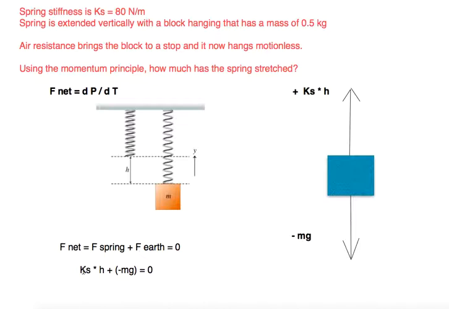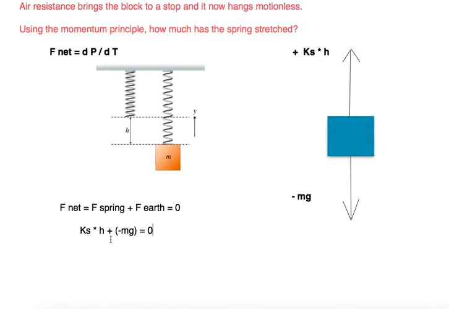Since I'm trying to find h, I need to add mg to both sides. Adding mg to both sides, I get k times h equals mg.